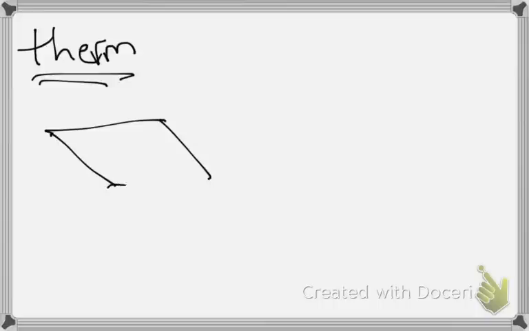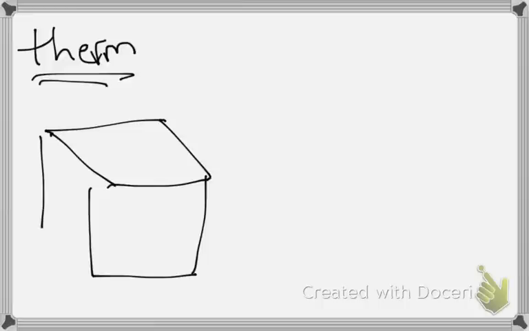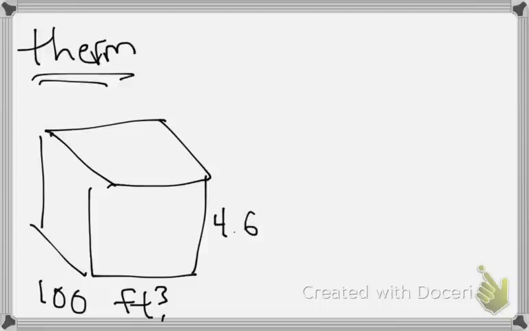A really obscure unit, which you will see on your natural gas bill, is called the therm. Okay, and the therm is really confusing. A therm is approximately the amount of energy it takes to burn 100 cubic feet of natural gas. Okay, so 100 cubic feet is, picture a cube, 4.6 feet by 4.6 feet by 4.6 feet. So probably a little shorter than you on all sides.